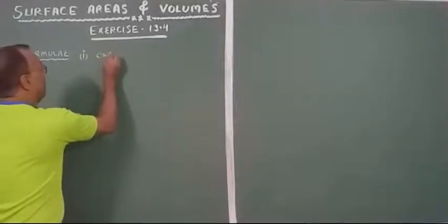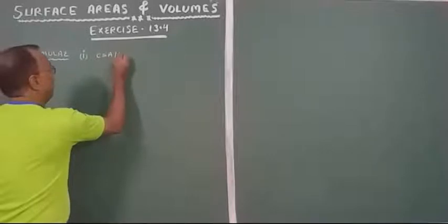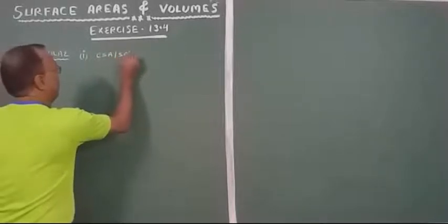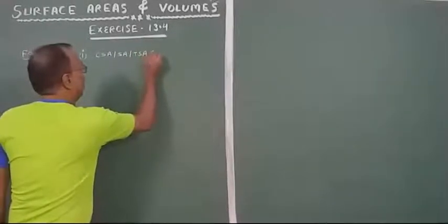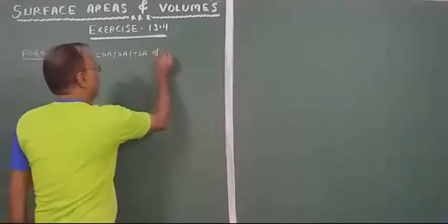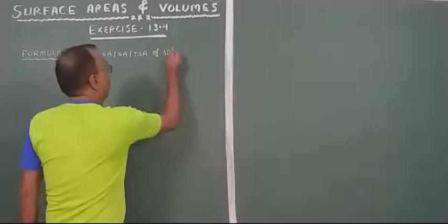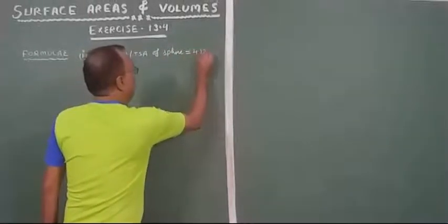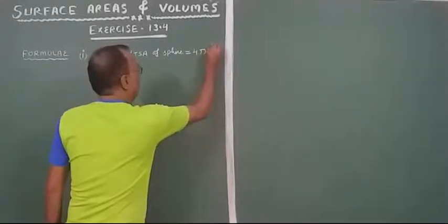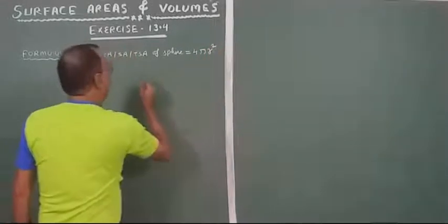The CSA or total surface area of sphere is equal to 4 pi r square.